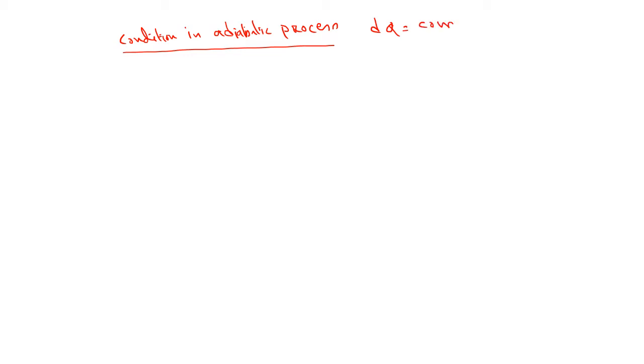Now, what are the conditions in the adiabatic process? Adiabatic process means our dq is equal to constant, and condition 1 is non-conducting. It means insulated.